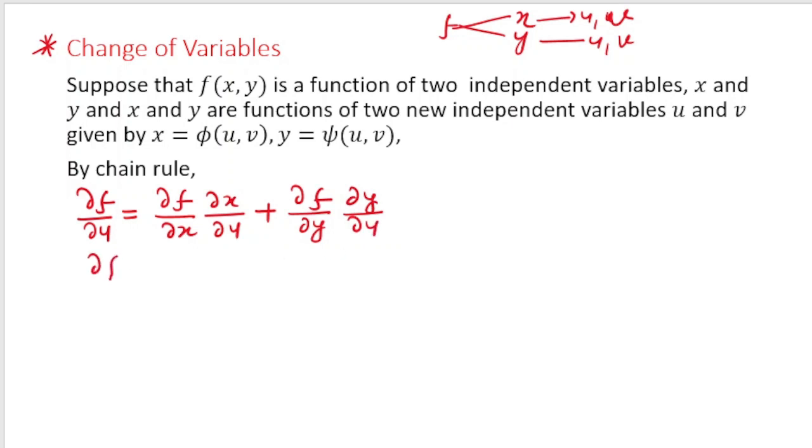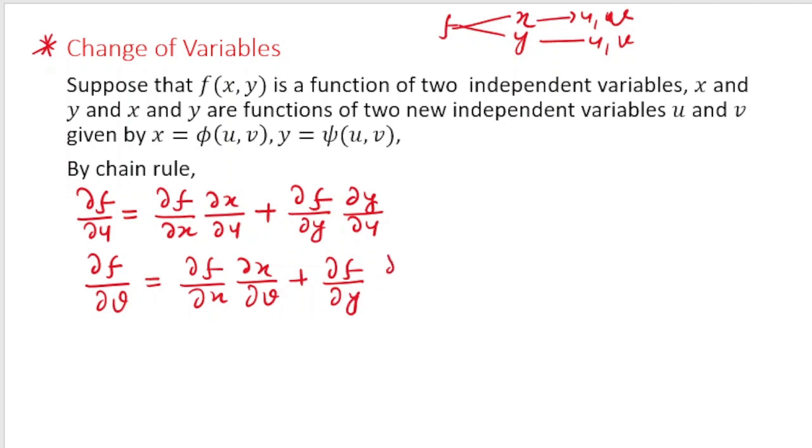If I ask you what is del f by del v, you will say it is del f by del x and del x by del v plus del f by del y and del y by del v. This we already know. What is my aim?